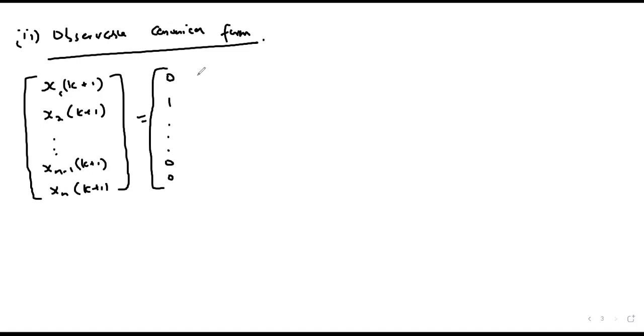The second row will be 0, 0 with all the other terms as 0, 0, up to the second last row, which will be a row of 0, 0, 0, and only the last term, which is a 1.